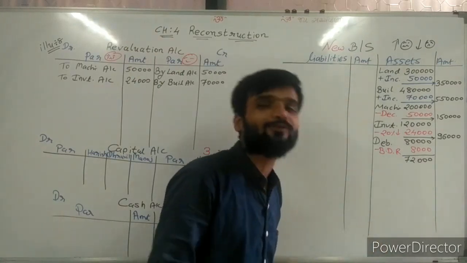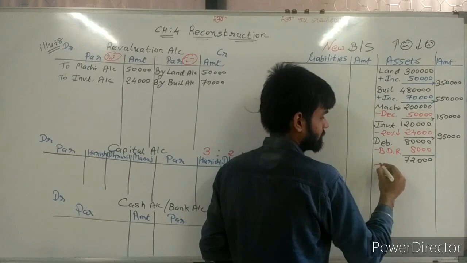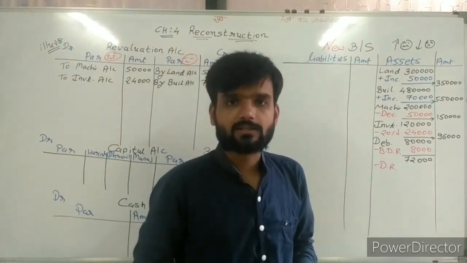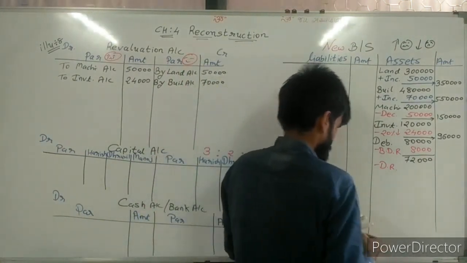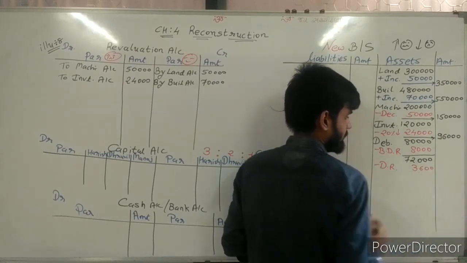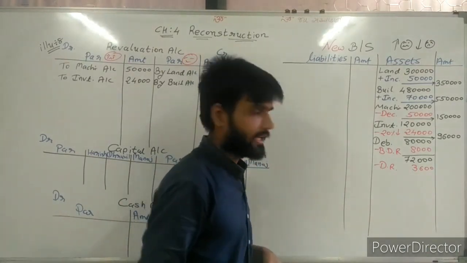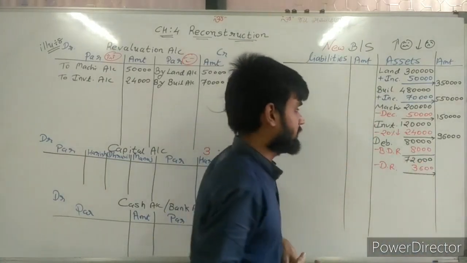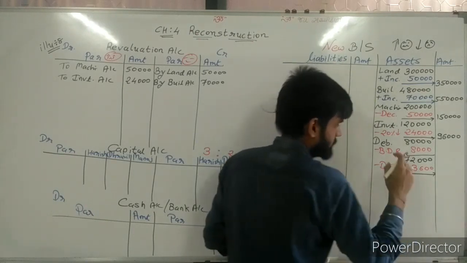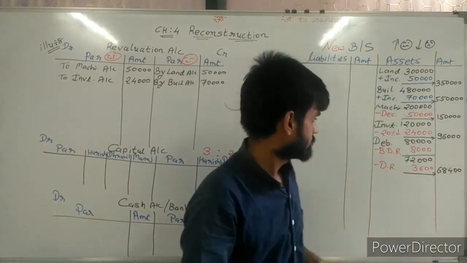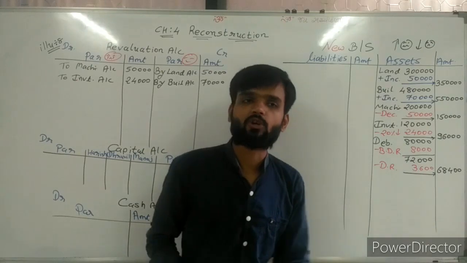Next, discount reserve is also deducted. So write discount reserve, 5%. 5% of 72,000 is 3,600, and subtracting 3,600 from 72,000 gives 68,400 rupees.